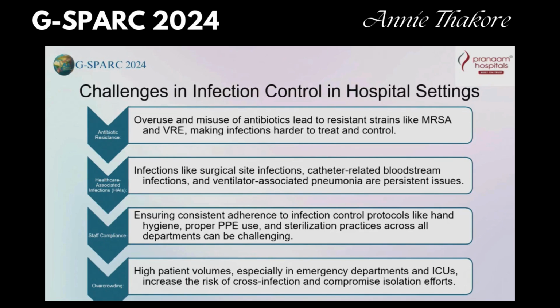That is another challenge, ensuring consistent adherence to infection control practices like hand hygiene, proper PPE use, and sterilization practices across all departments can be challenging. And coming to overcrowding, high patient volumes, especially in emergency department and ICUs, increase the risk of cross-infection and compromise isolation.